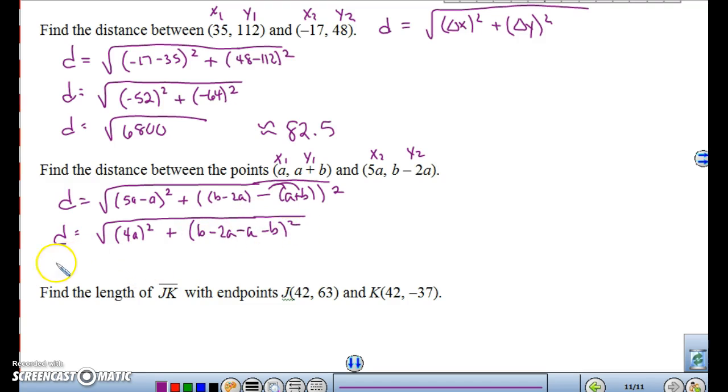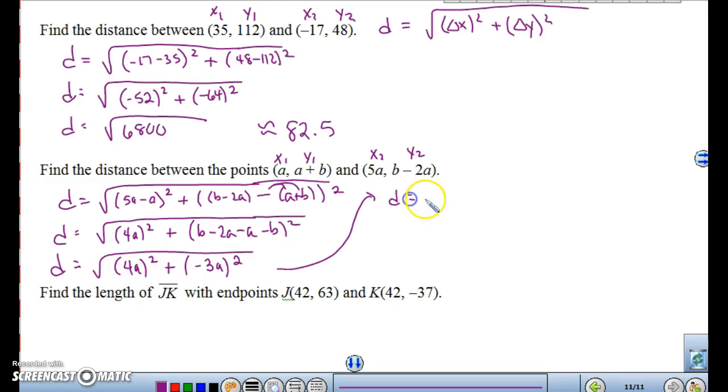When you combine your terms, you end up with 4a quantity squared plus, well, the b's cancel out, and then you have negative 2a minus a, which is negative 3a quantity squared. Remember, when you square something, you square everything in parentheses. So D is going to equal the square root of 16a squared plus, negative times a negative is a positive, 9a squared. You can add those together to get 25a squared.